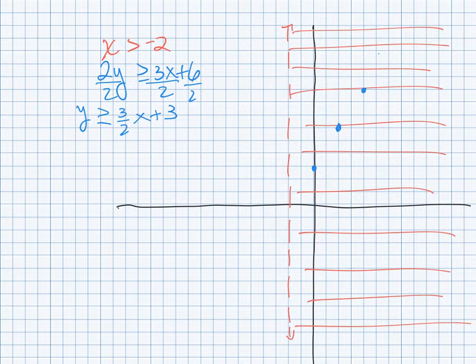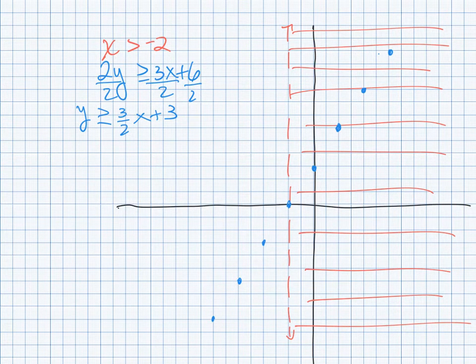That doesn't look right. Up 3 over 2. Then you can go down 3, left 2, down 3, left 2, down 3, left 2, and down 3. And this is going to be a solid line.